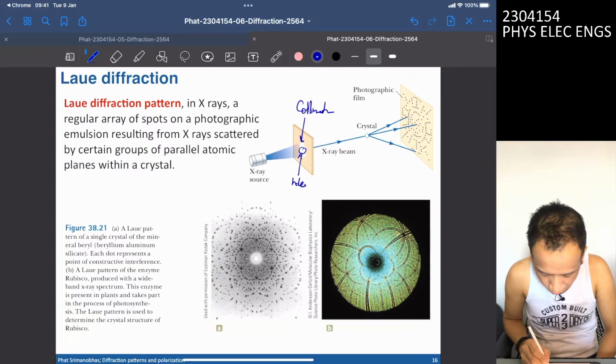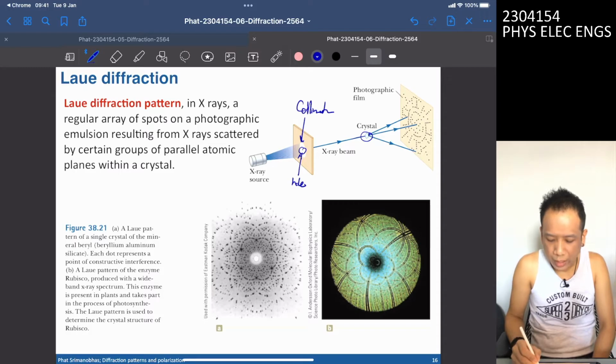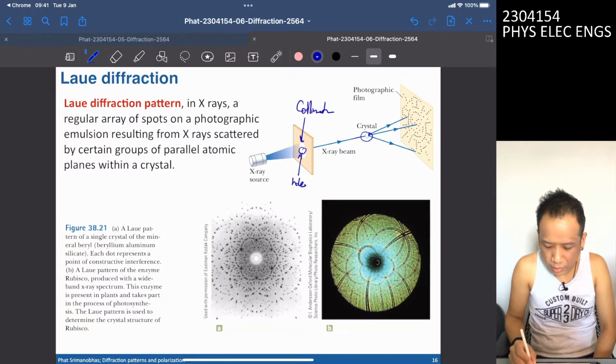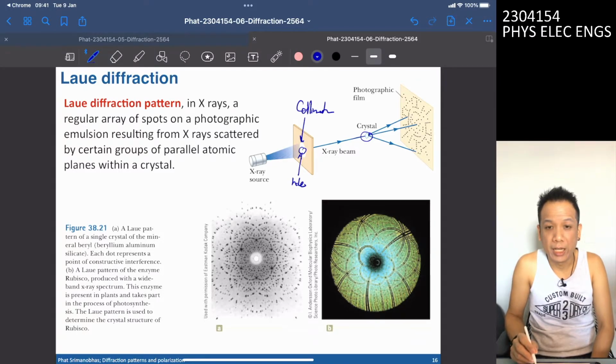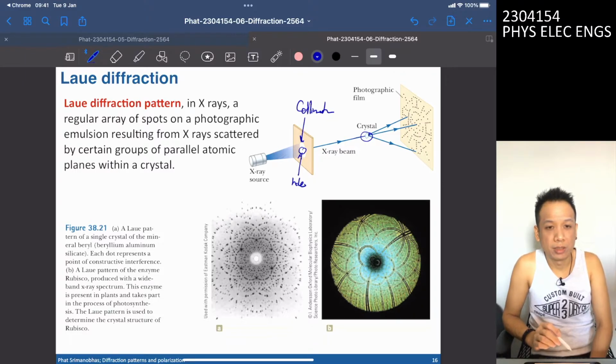Then you select a very forward direction, it goes to the crystal, and you put a screen behind it and see the patterns. This is called the Laue diffraction pattern, and it can be used to study crystals.